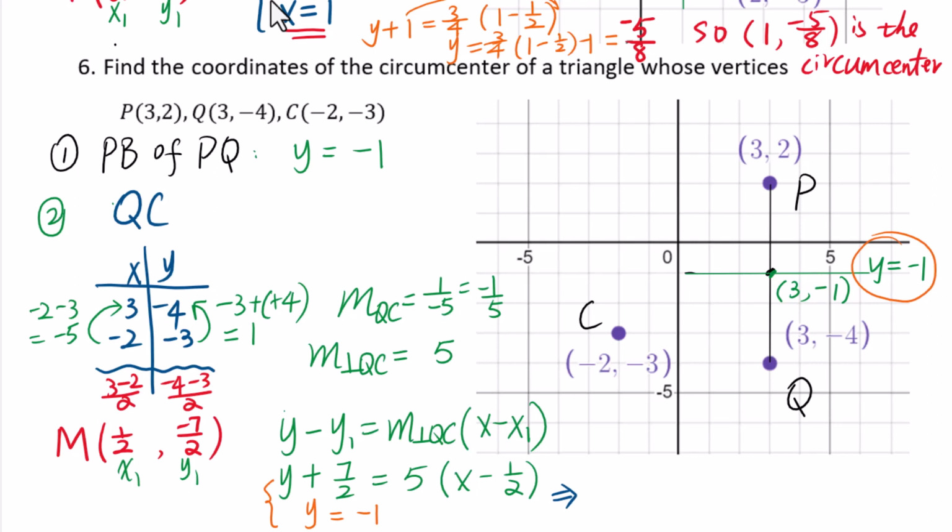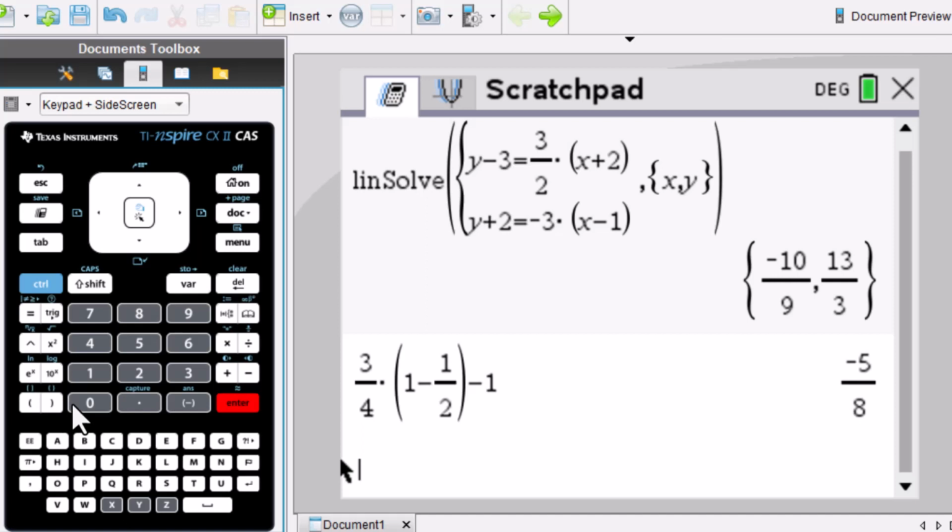So we get negative 1 plus 7 over 2 equals 5 times x minus 1/2. Let's solve this linear equation. We will type this linear equation first. Negative 1 plus 7 divided by 2 equals 5 times x minus 1 divided by 2.